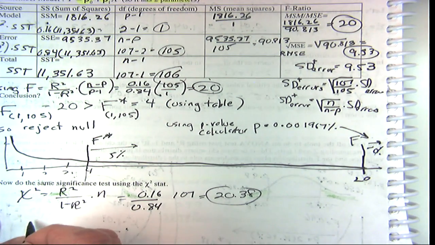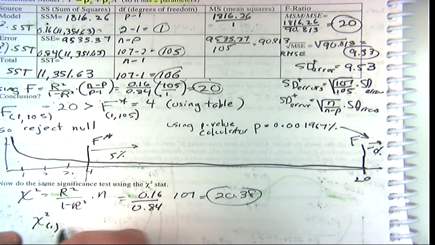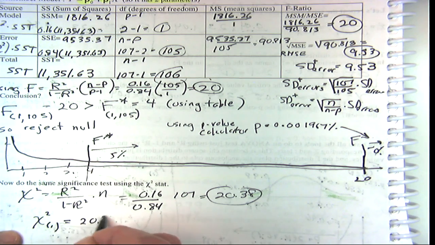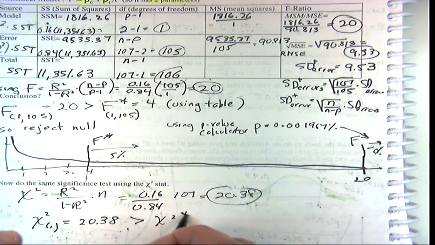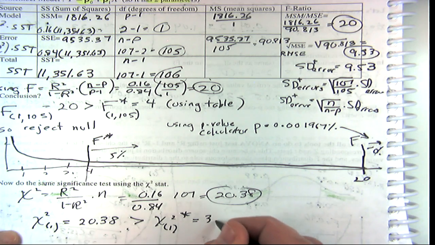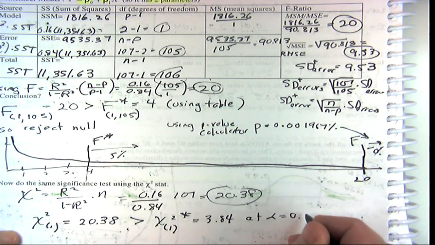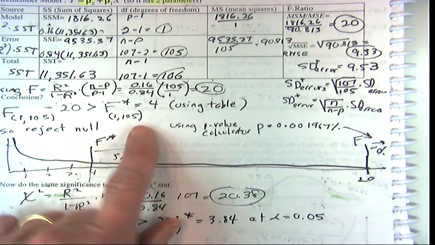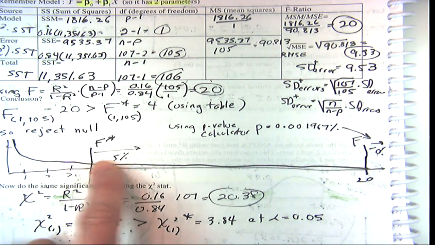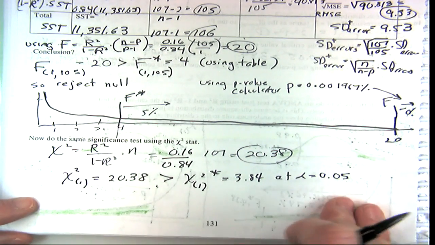So our chi-squared with 1 degree of freedom is equal to 20.38, and it's going to be much, much bigger than chi-squared star with 1 degree of freedom, which, we looked before, is 3.84. That's at alpha equals 0.05. So using the table, that's at 5%, see? So we'd reject the null.